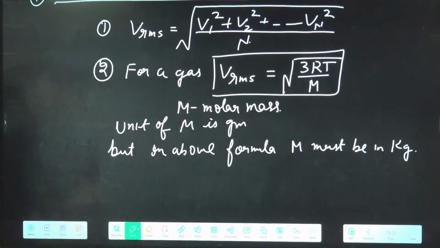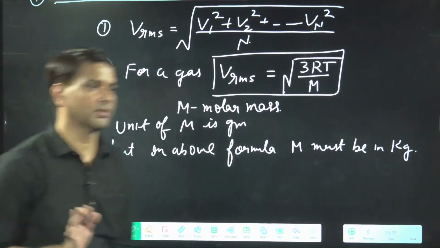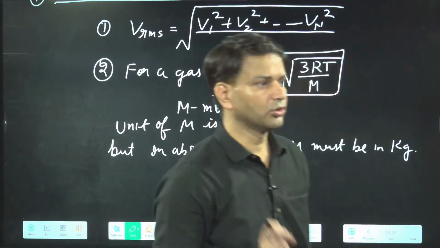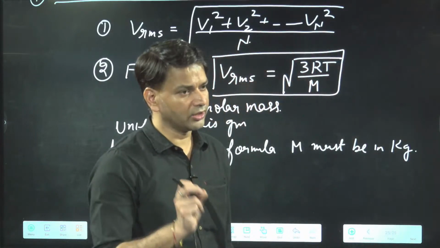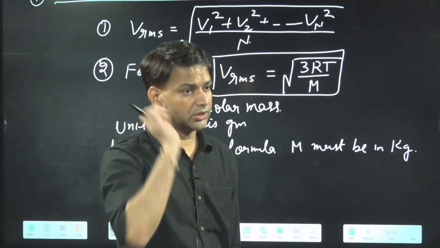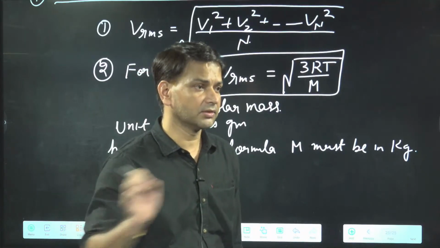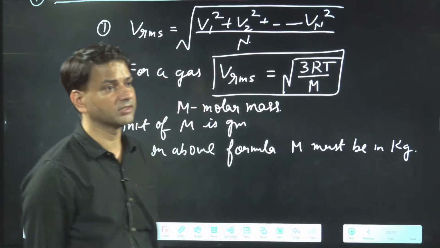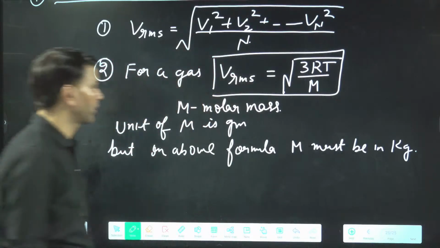So don't forget to convert the molar mass from gram into kg. Like suppose they have given the oxygen molecule RMS velocity. In the place of M you will put 32 into 10 to the power minus 3. It is 32 gram, but we have to put it in kg, so 32 into 10 to the power minus 3. R value you will put 8.314.